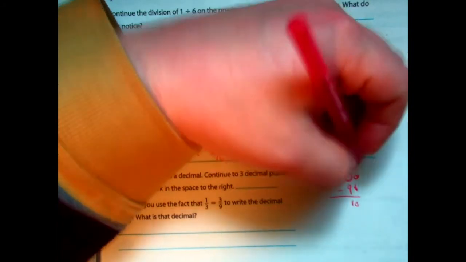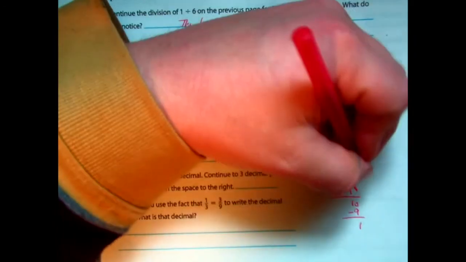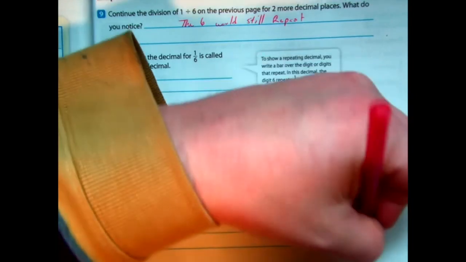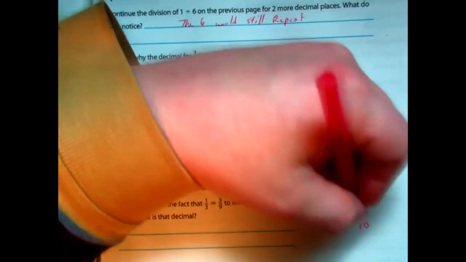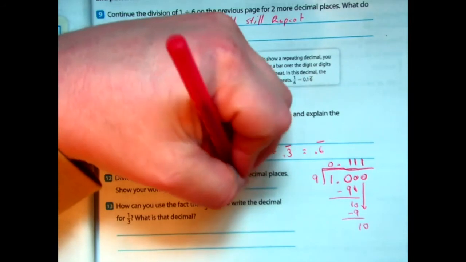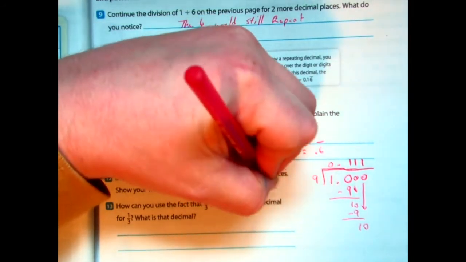Add another 0 here, bring it down. How many times can 9 go into 10? 1 time. 10 minus 9 is 1. Put another 0 here in the thousandths place. Bring that down. How many times can 9 go into 10? 1. So I'm showing that this is a repeating decimal and that 1/9 is equal to 0.1 repeating.